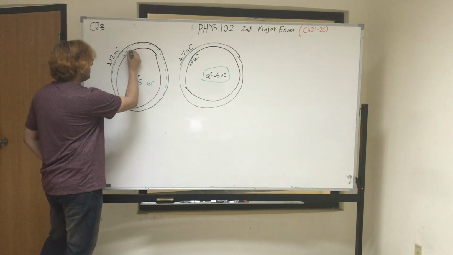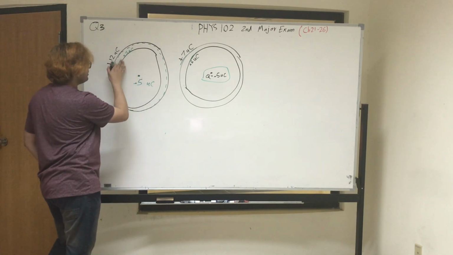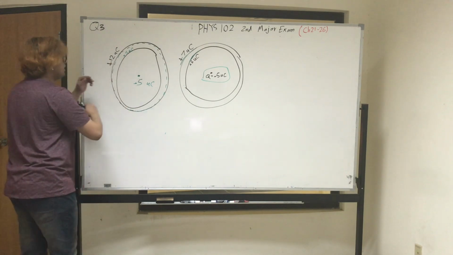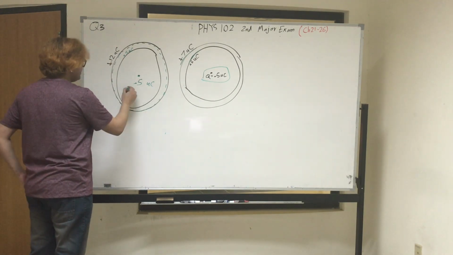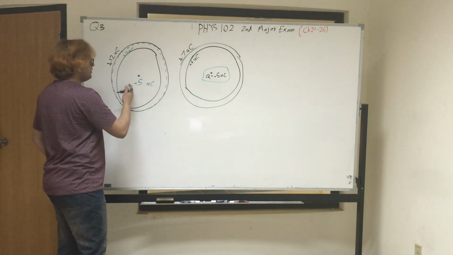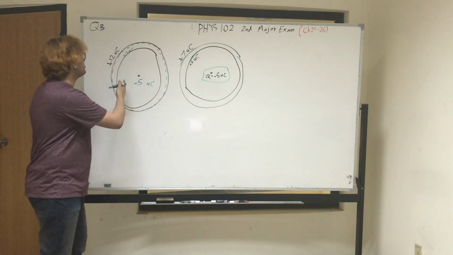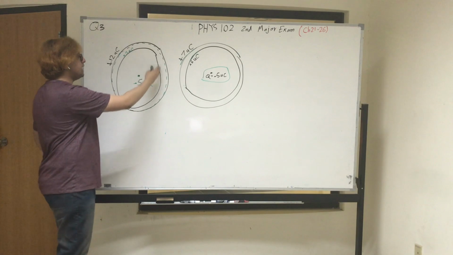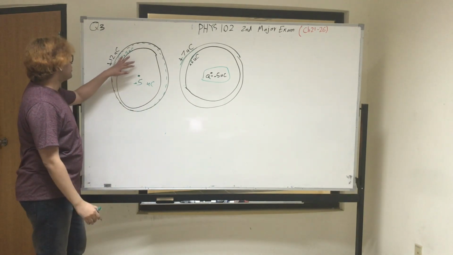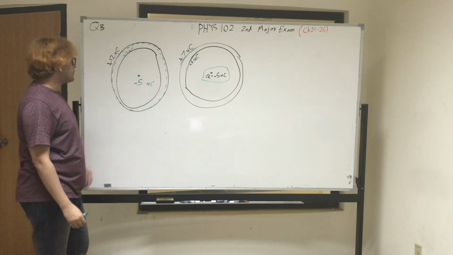So the charge here is going to be equal to positive 5 microcoulombs, because this here is going to repel the electrons, 5 microcoulombs of electrons, away from the inner surface. So we're going to have an inner surface that is charged with 5 microcoulombs.